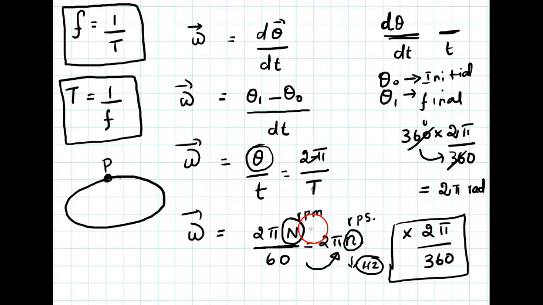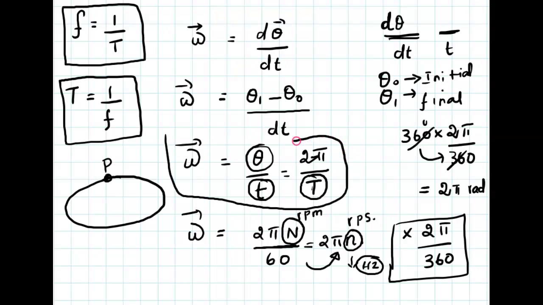And what is the simple t here? Just the time taken. Capital T is the time period. So this is the main formula: omega is equal to 2 pi divided by T, or 2 pi times frequency f. Omega is equal to 2 pi frequency.